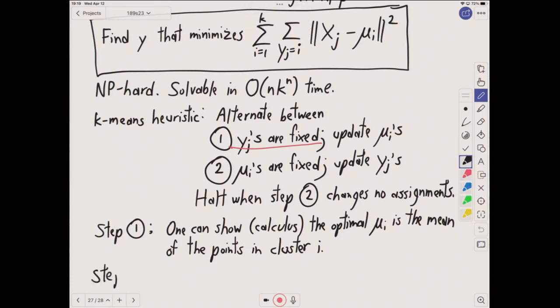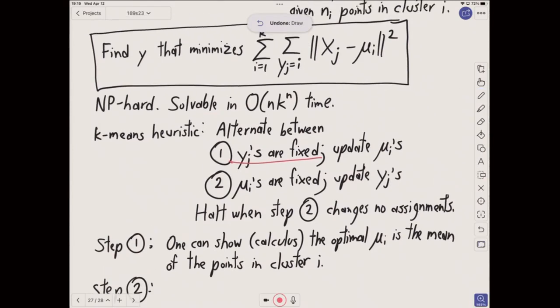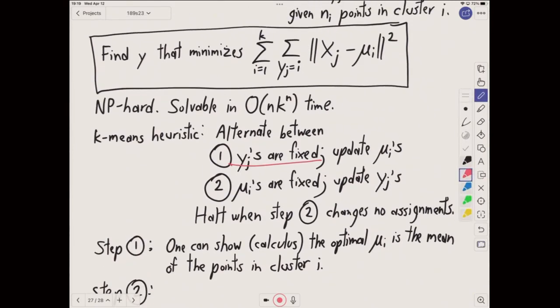Step 2. All right, now the mu_i's are fixed. The cluster centers aren't changing, but we can change which cluster we assign each point to. So I think it's kind of obvious that if your goal is to minimize this expression up here, you should just, for each point, pick the cluster center that's closest to that point. That's how you minimize that when all you can change is the assignments.